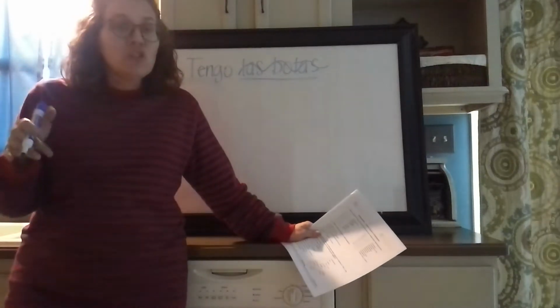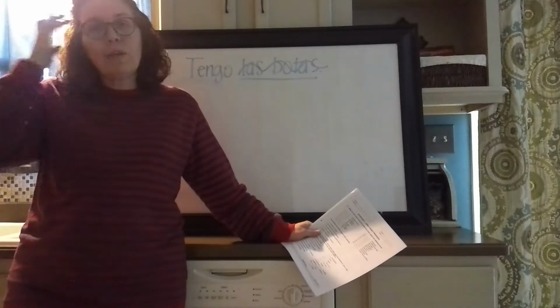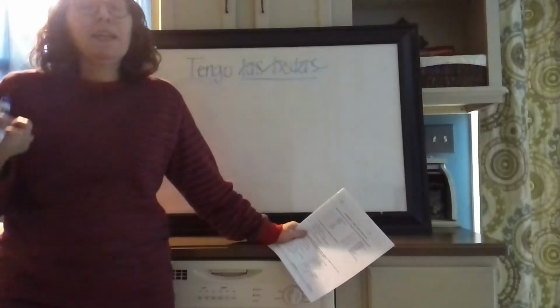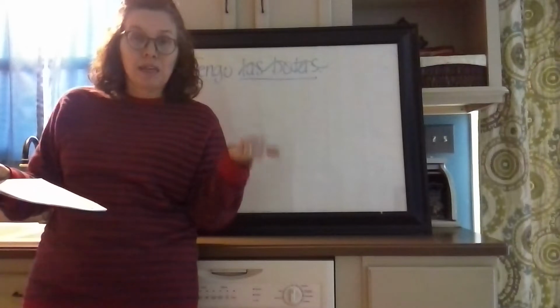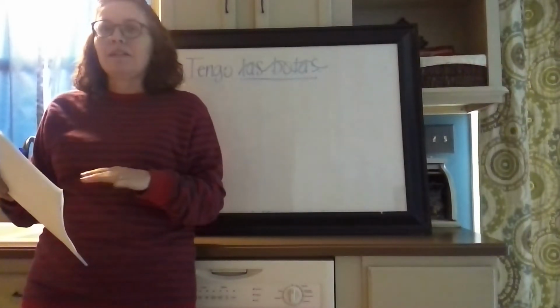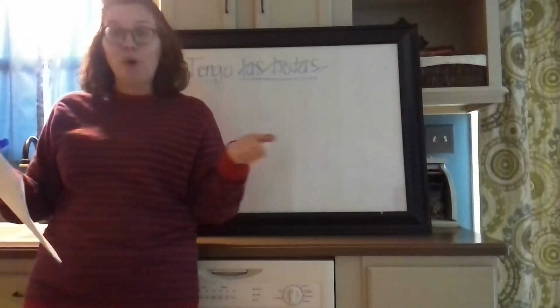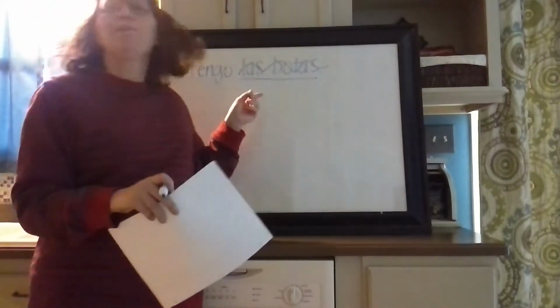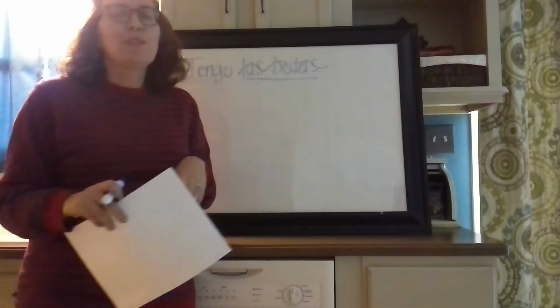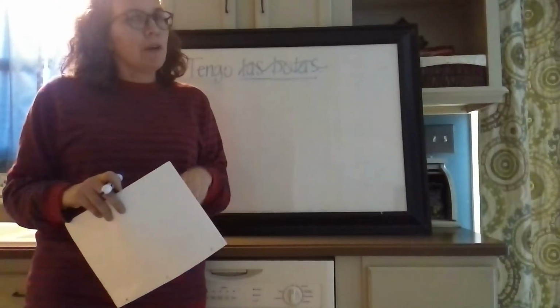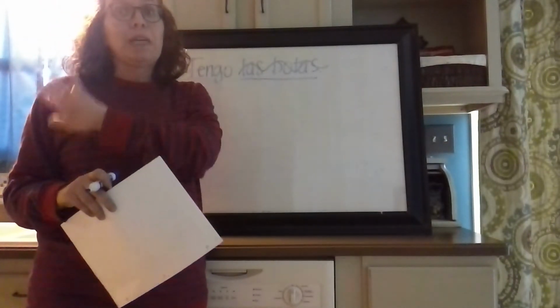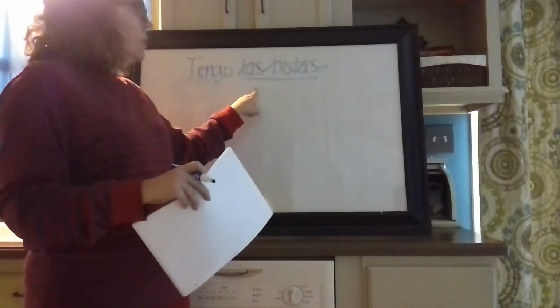And I am visually crossing this out. I know we can't do that mentally, but right now I'm going to do that because I can tell you that one of the number 1 mistakes that my kids do is that they add a direct object pronoun, but they also keep the direct object. So then the sentence reads, I have the boots, them. Remember, a direct object pronoun replaces the direct object.